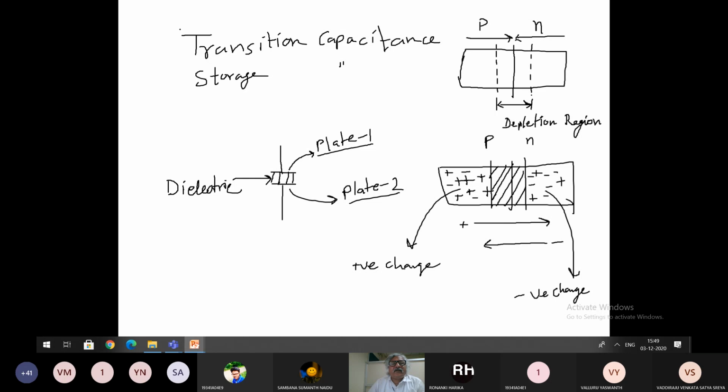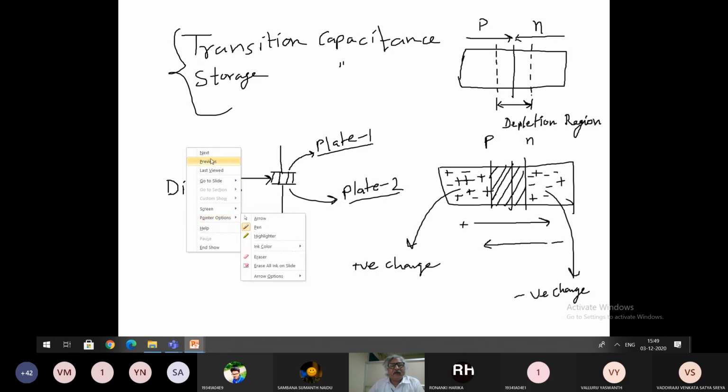We discussed these things in the PN junction diode, storage capacitance and transition capacitance. So wherever you find a PN junction, there is always one capacitor, right? I will show you this transition and storage capacitor. It might be available in the same PPT here. I will show you.